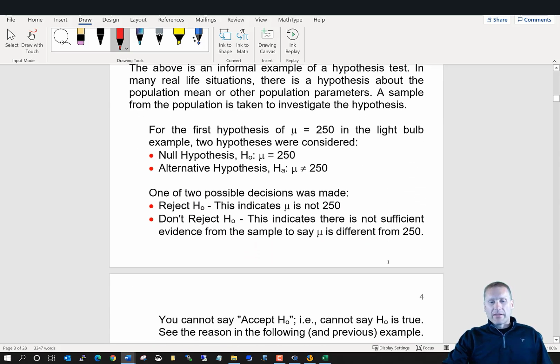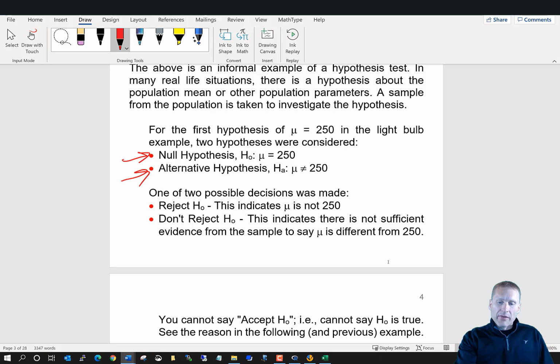So let's formalize this one. Well, in statistics and used in a wide variety of other places as well, you always have two hypotheses that you're looking at. One's called a null hypothesis, one's called an alternative hypothesis. Either one or the other is true.